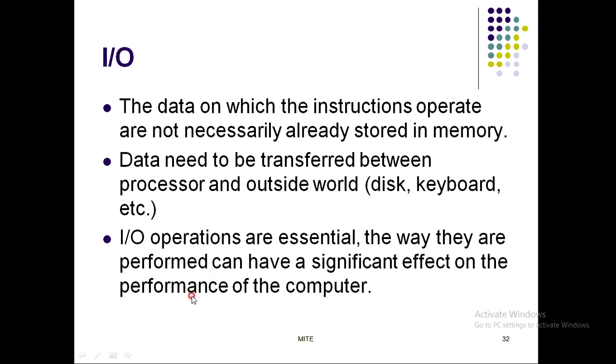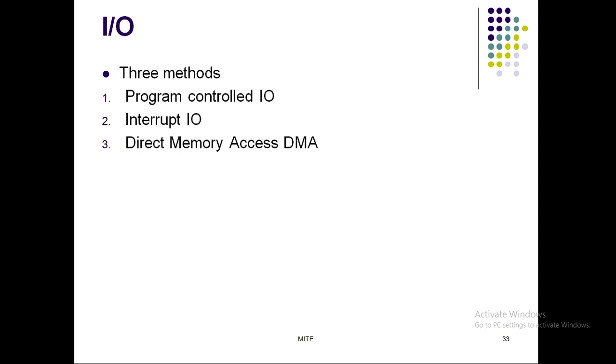Okay friends. In order to do this, one very important thing is we need to access the I/O and they need to be addressed. Whenever we try to address your I/O, there are three important methods. Along with addressing your I/O, another major thing is we also need to look after data transfer, like how the data transfer can be done between your I/O devices and the memory as well as the processor.